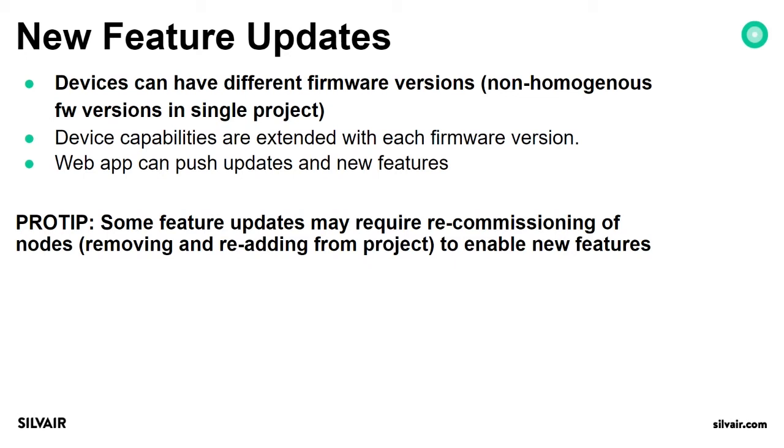So you can have a project with multiple different firmware versions, even in the same zones, areas, etc. Device capabilities are extended with each firmware version. Web app can push updates and new features. So yes, some feature updates may require recommissioning of nodes, removing and re-adding from project to enable new features.